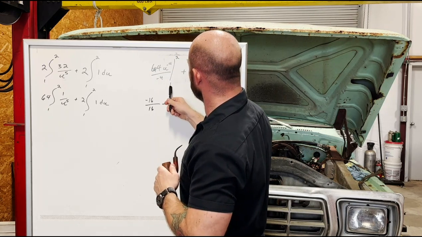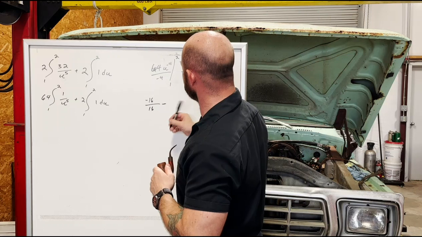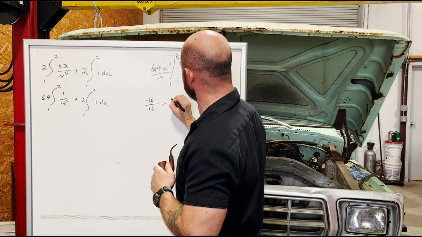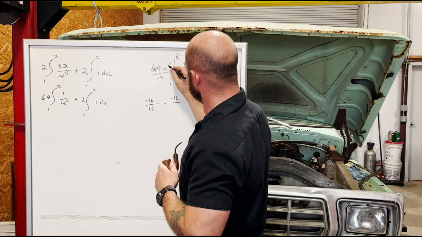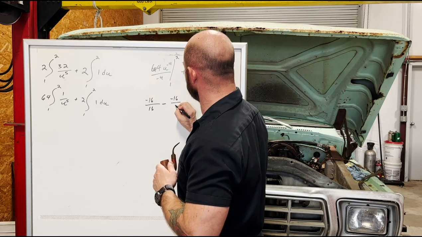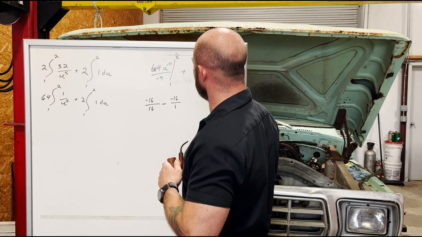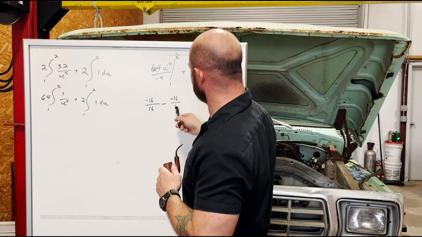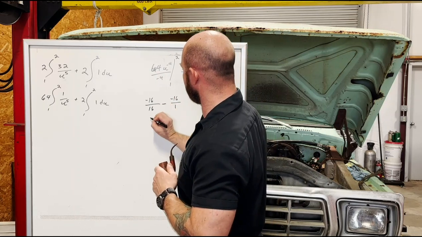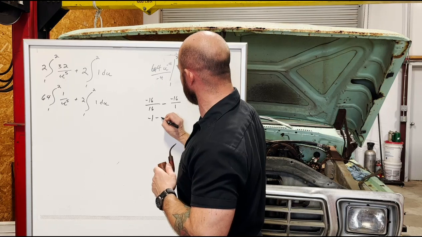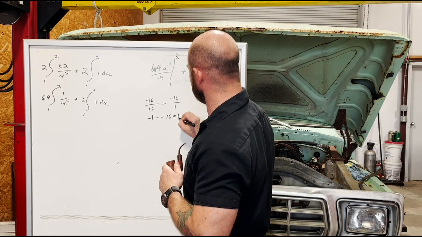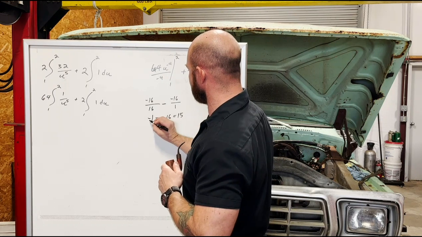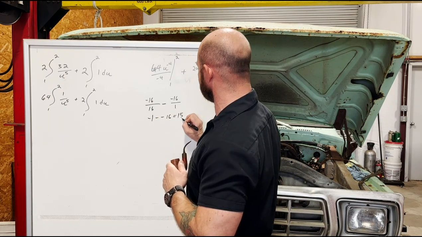Minus, when we put in the 1, this is still negative 16 times u to the negative 4. 1 to the negative 4 is 1. So we have negative 1 minus 16 gives us 15. Negative 1 plus 16 gives us 15.